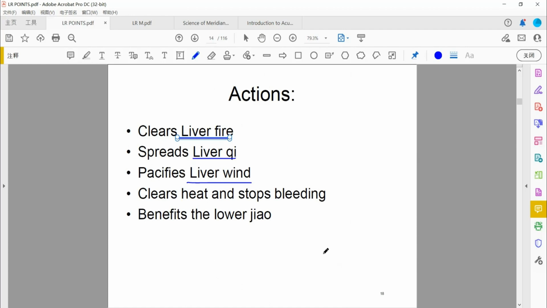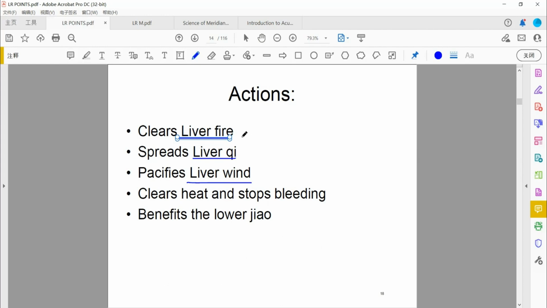When you say liver wind, when you see these words, like shaking, tremor, convulsion, tic, when you see these manifestations and these signs, that means the liver wind is stirred by some reason.